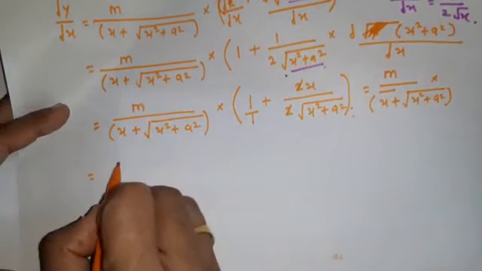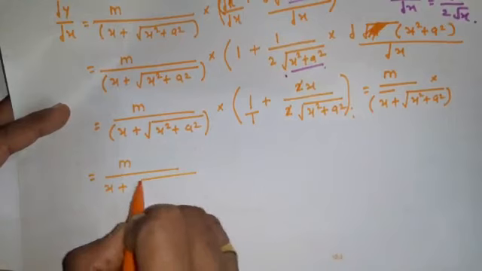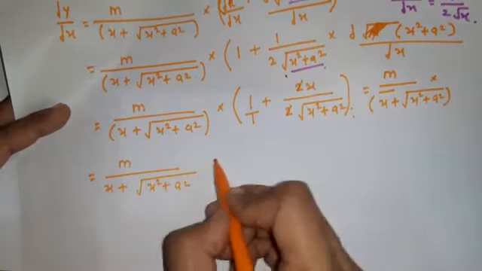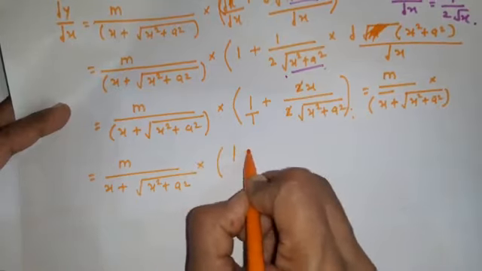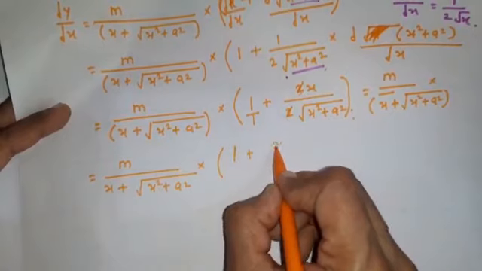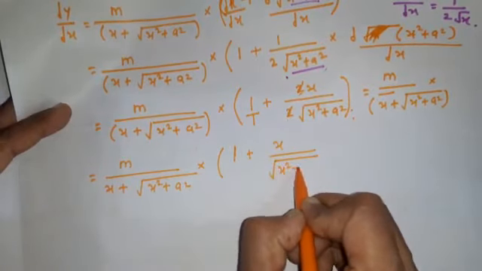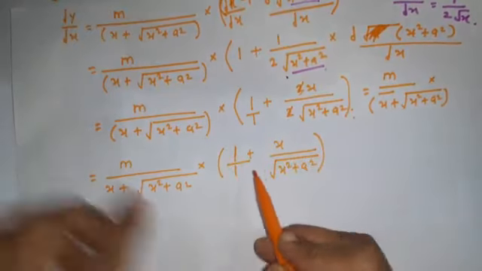Okay students, this is m upon x plus square root of x square plus a square, and into another term, the another term is 1 plus 2 get cancelled, x upon square root of x square plus a square. Okay students, now see here, this is 1 upon 1.